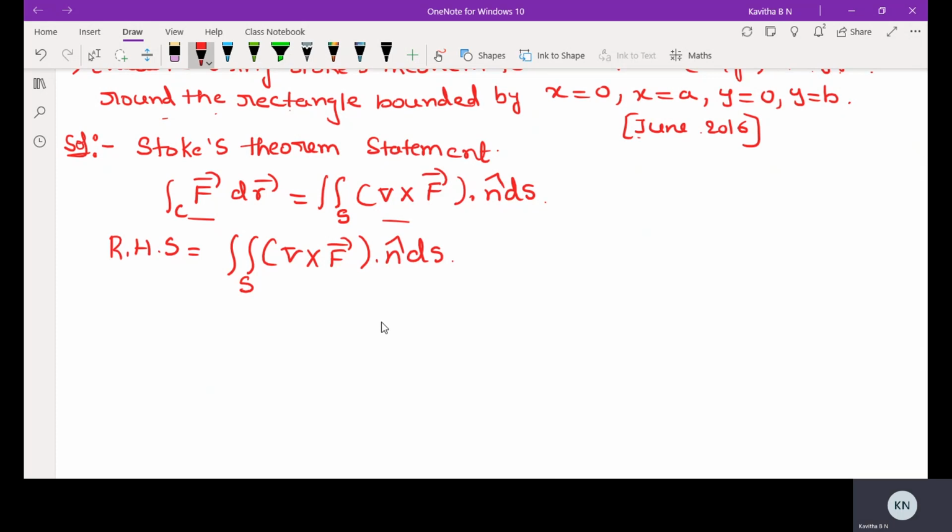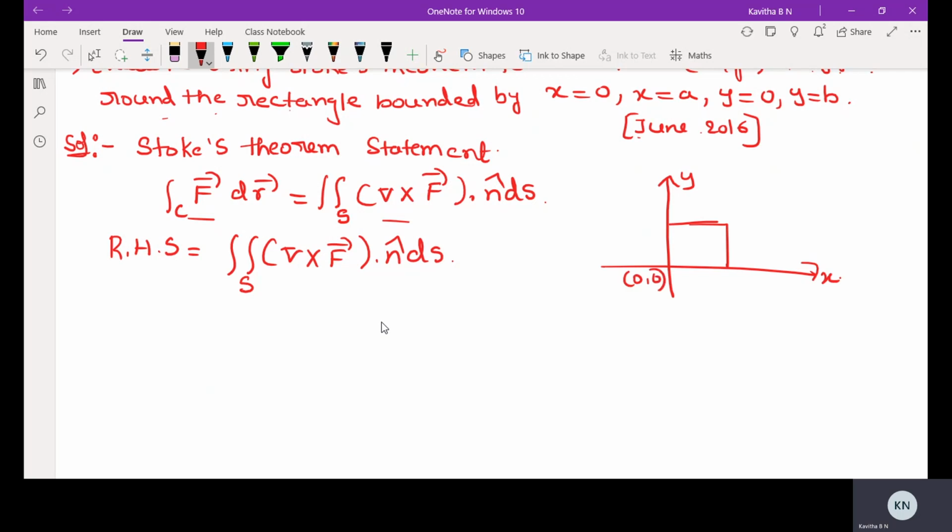It's a rectangle, taken round the rectangle bounded. Okay, write the diagram here. This is the x-axis, y-axis. Then the point is here 0, 0.